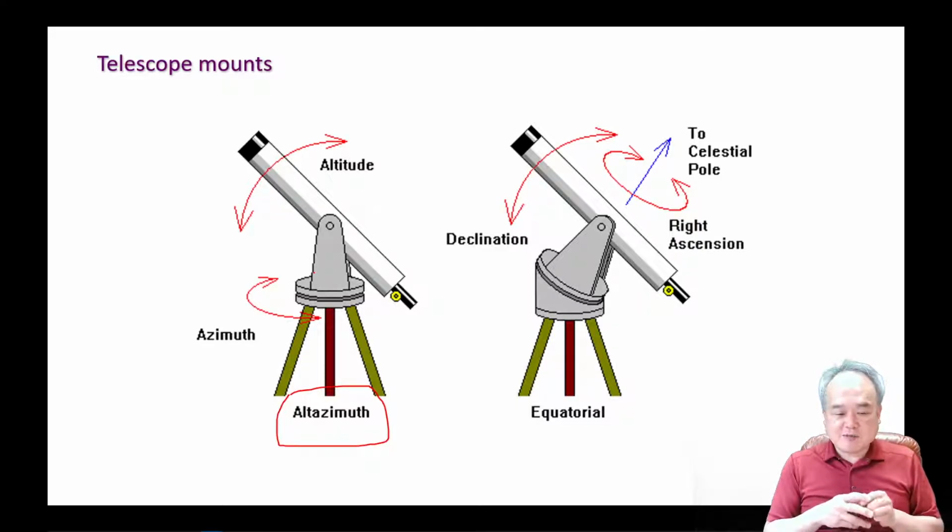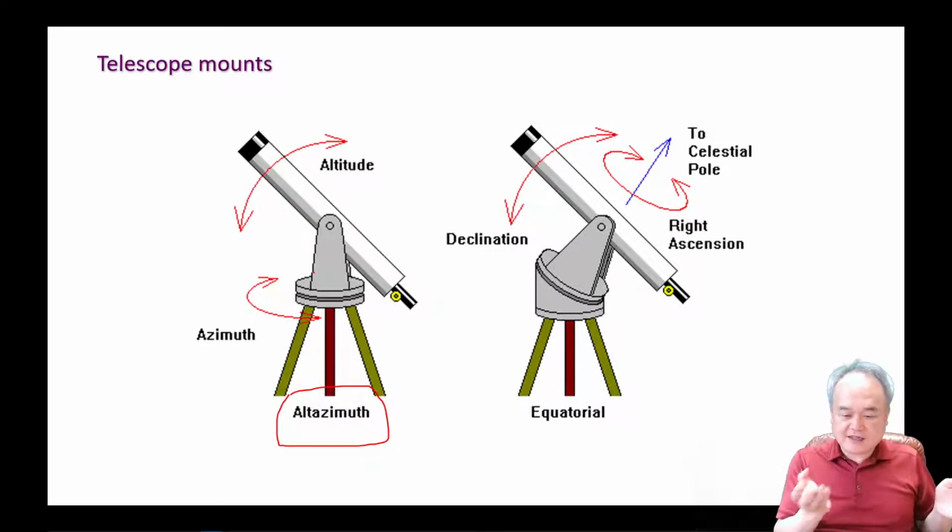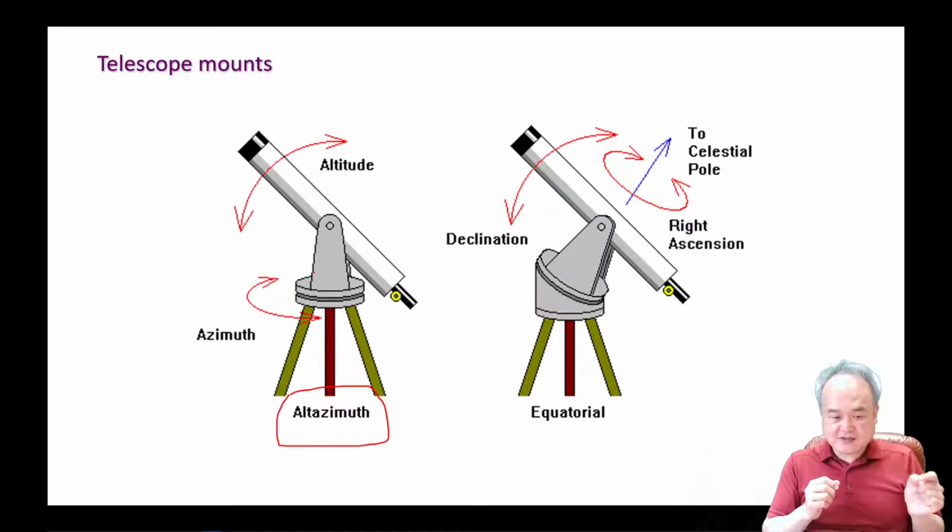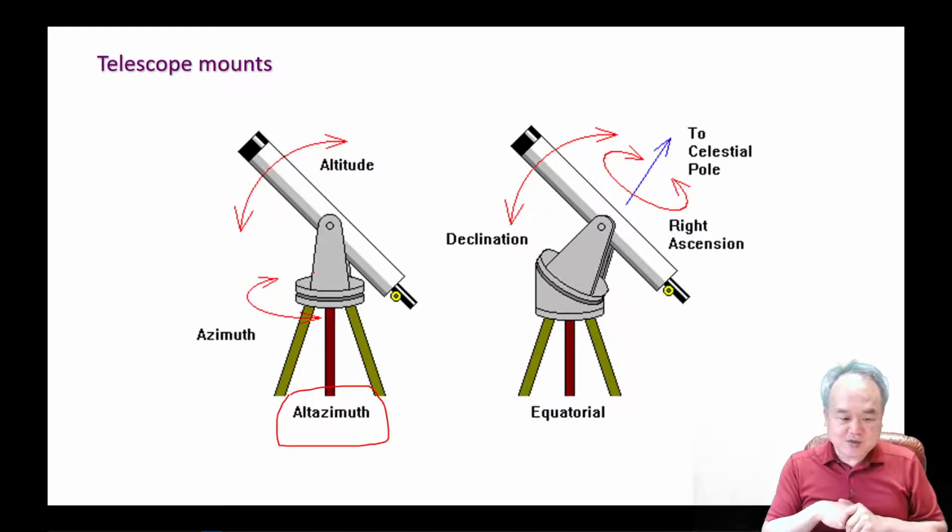But the challenge in the past was tracking the celestial object over a long duration of observation, because of the diurnal motion of the celestial object on this azimuth angle. The mounting system is complicated.